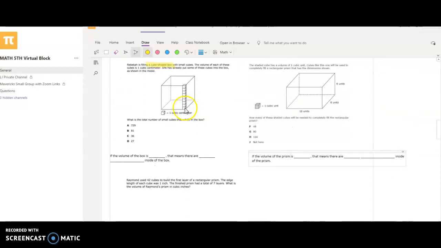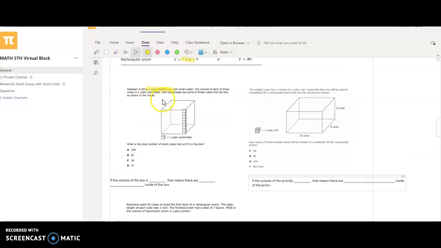In this case, our side length isn't 3. How many is it? Well, let's count. 1, 2, 3, 4, 5, 6, 7, 8, 9. It's 9.